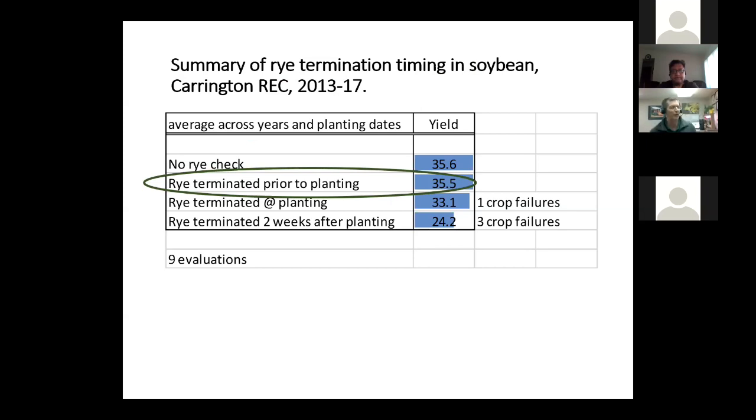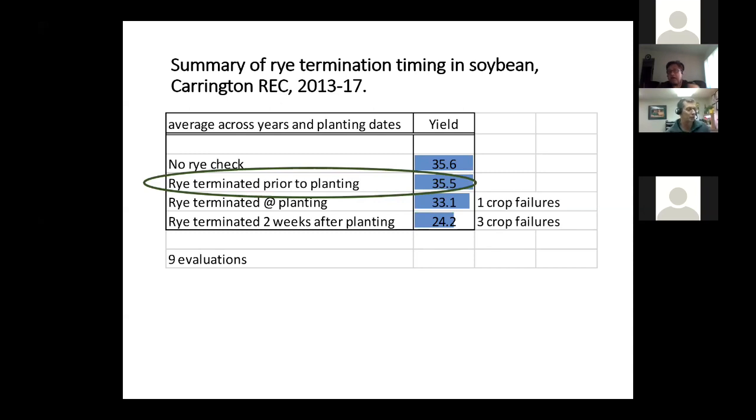The reason is that in a number of the years we had relatively dry soil moisture in the spring, so we had to be really careful about the rye not using too much moisture and actually reducing the soybean yield.